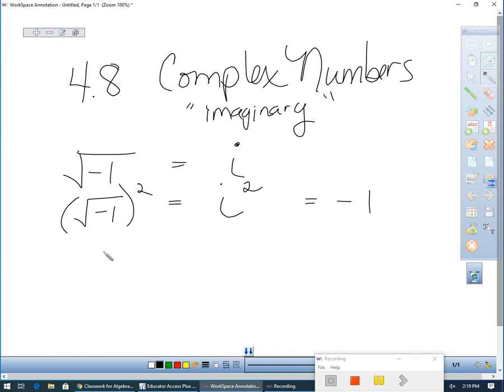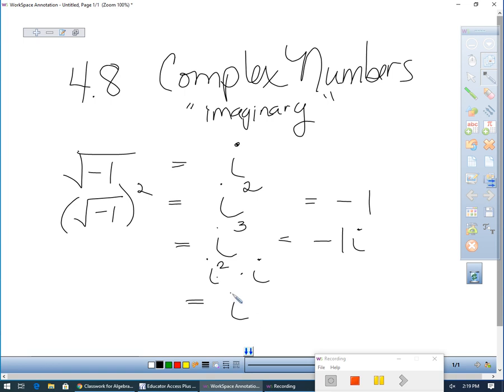But I want to keep going and talk a little bit further. What if I had I to the third power? What do you think that equals? Well, this is the same as saying I have I squared times I. I squared equals -1, and I is just I. So I to the third is -1I.